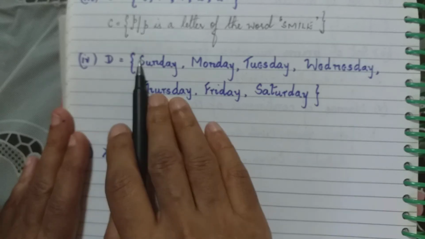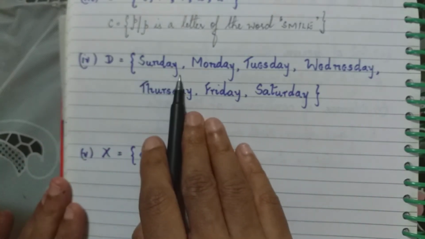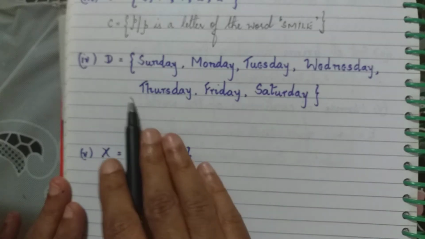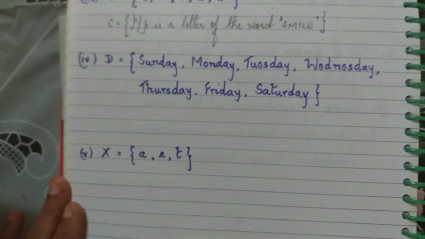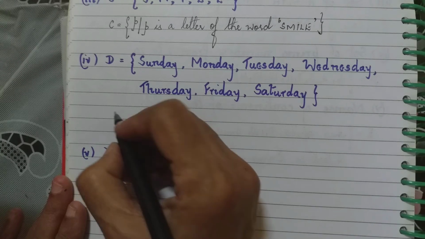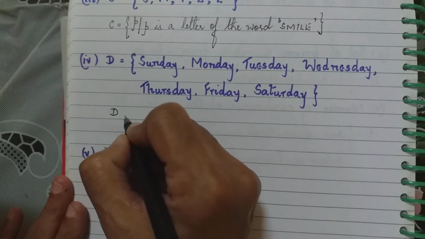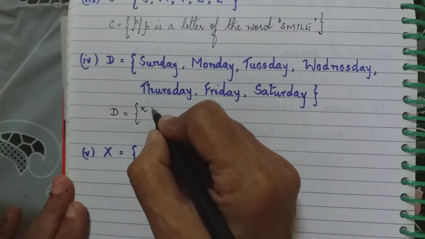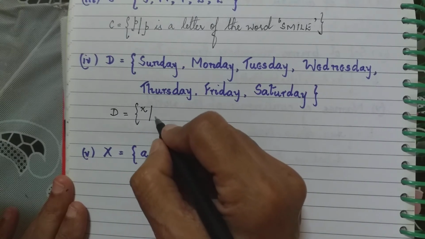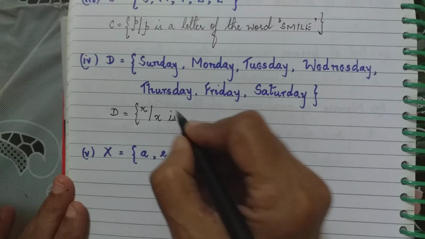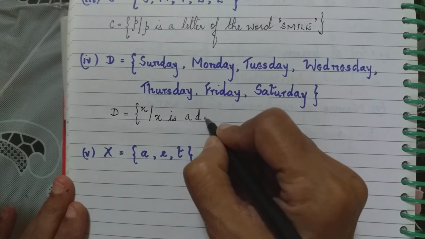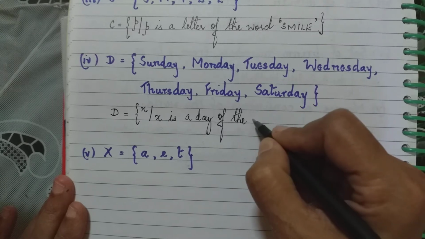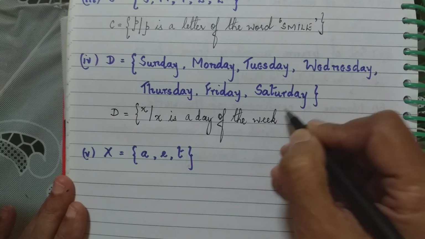Going to the fourth question, D is equal to Sunday, Monday, Tuesday, Wednesday, Thursday, Friday and Saturday. So, if I were to write this in the rule method, I will write that D is the set of all X such that X is a day of the week. We have taken a similar example earlier.